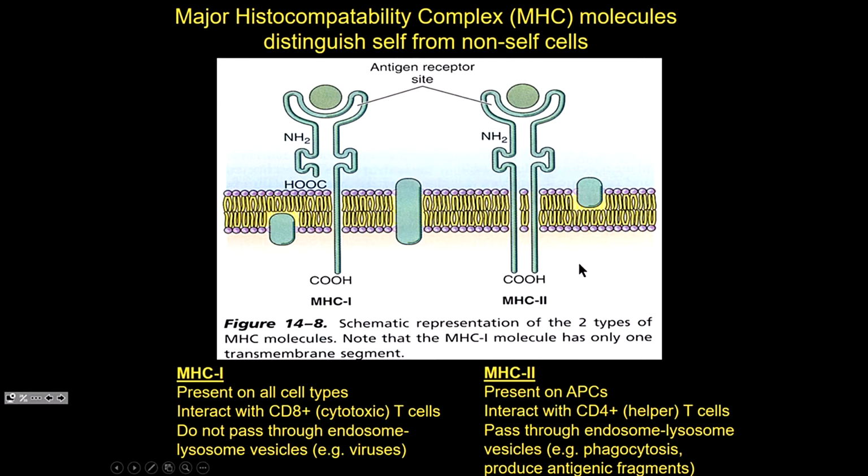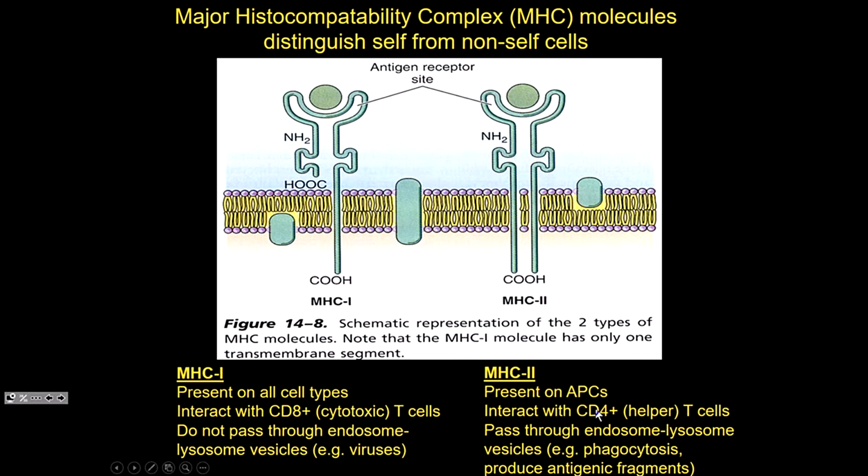In contrast, MHC2 is restricted to antigen-presenting cells, such as macrophages, Kupffer cells, glial cells, and so on. All those different cell types that can differentiate from a monocyte. And so these antigen-presenting cells usually have the bacteria pass through lysosomes, where it's chopped up, and a fragment of that bacteria then is bound to the MHC2 complex and presented to helper T cells in this case.